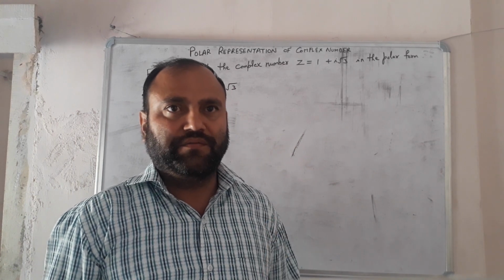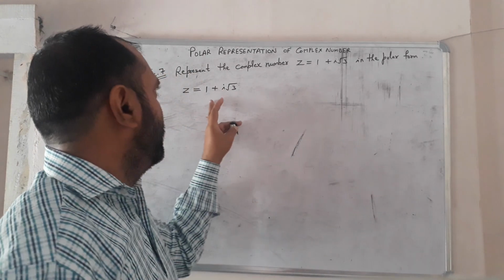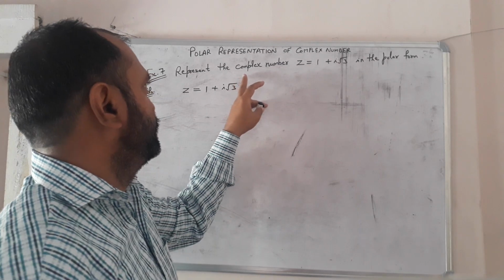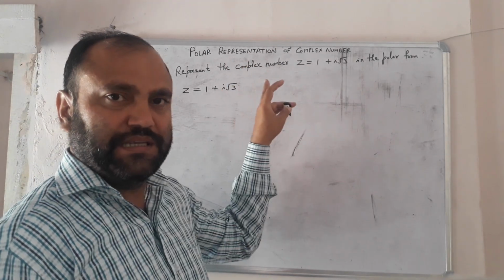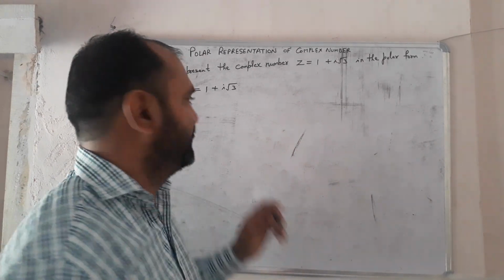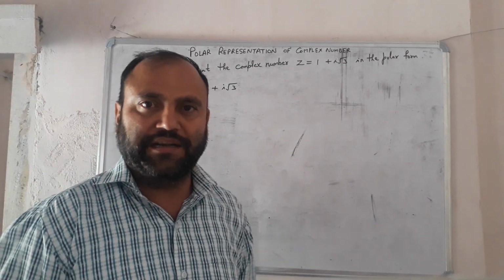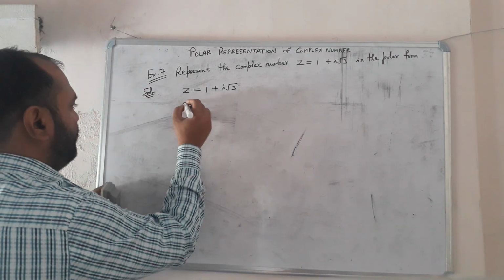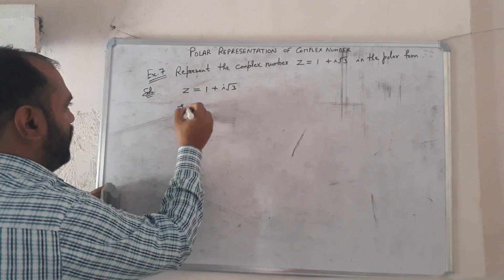So if we want polar representation of any complex number, we have to find the modulus and argument. So first of all, let us find this modulus r.